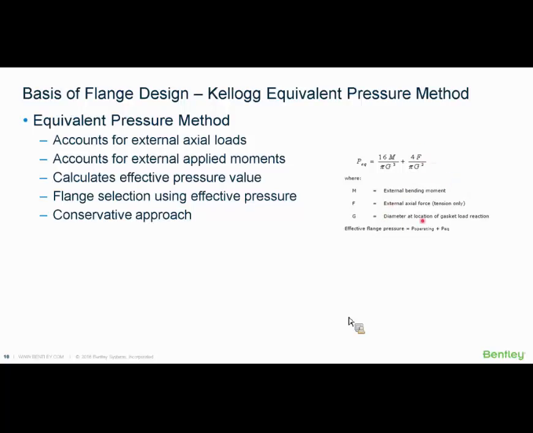And G is the diameter at the location of gasket load reaction. So the location at which your gasket is placed on the flange, that is the diameter of that location from the center of the flange. And then the effective flange pressure is calculated by adding the operating pressure with this equivalent pressure and then going on to select a flange from the temperature pressure tables of B16.5 and B16.47.